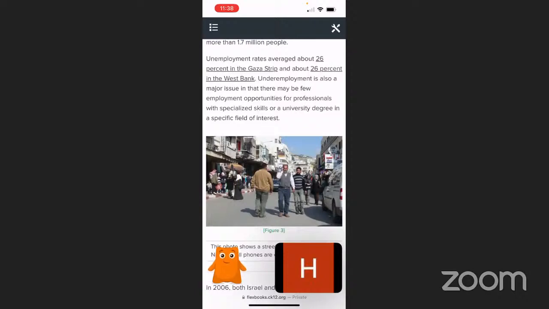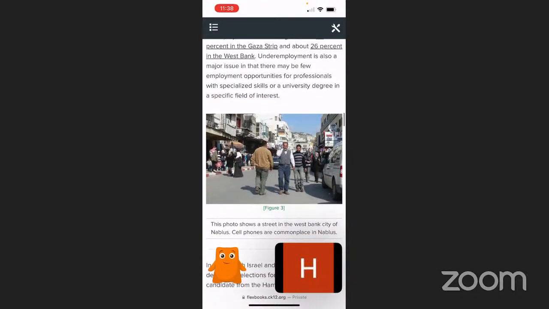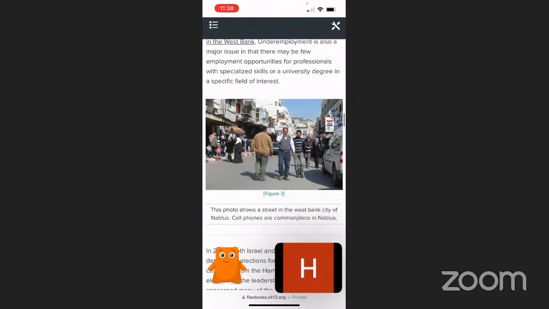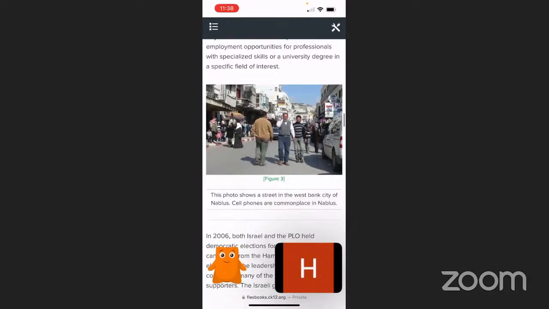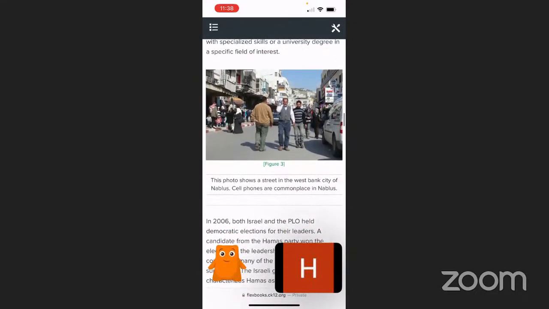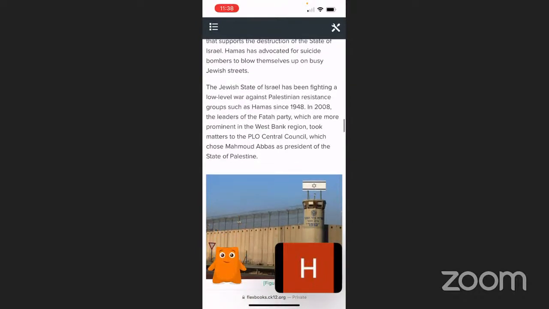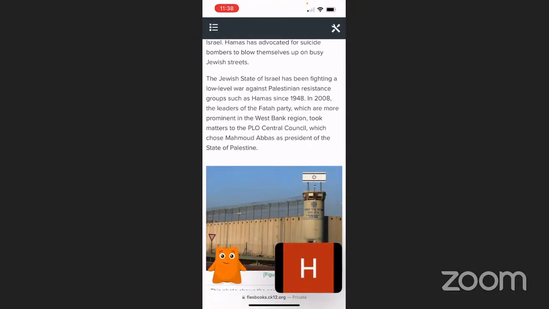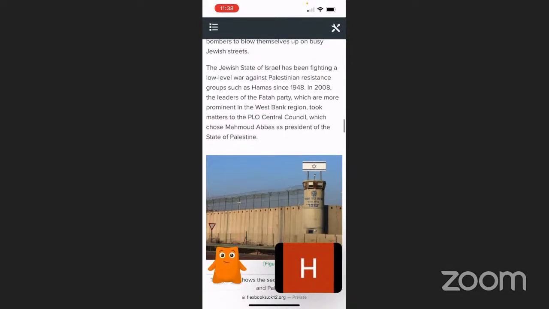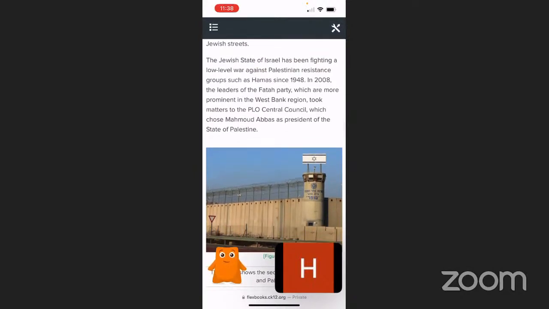Unemployment rate averaged about 26% in the Gaza Strip and about 26% in the West Bank. Underemployment is also a major issue in that there may be few employment opportunities for professionals with specialized skills or a university degree in a specific field of interest. The Jewish state of Israel has been fighting a low-level war against Palestinian resistance groups such as Hamas since 1948.